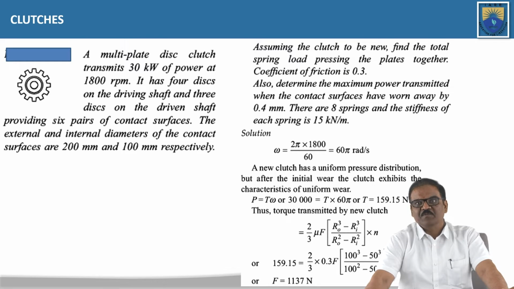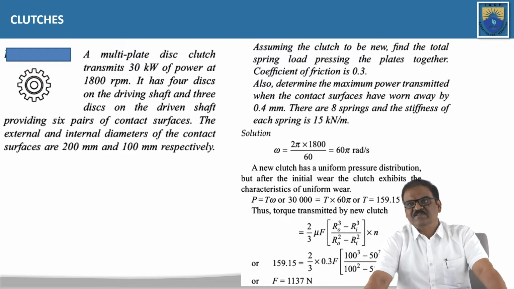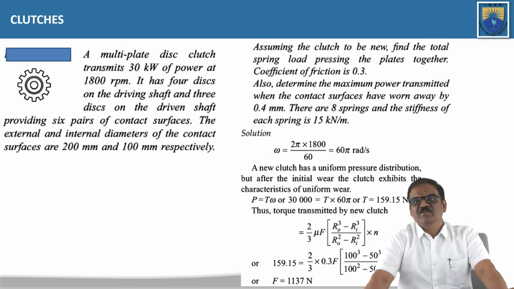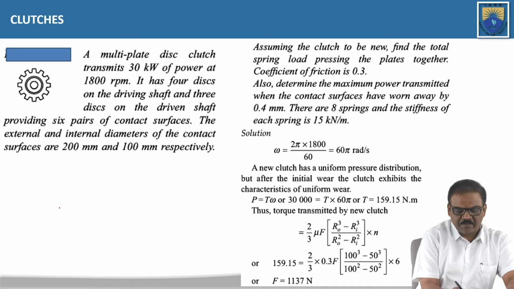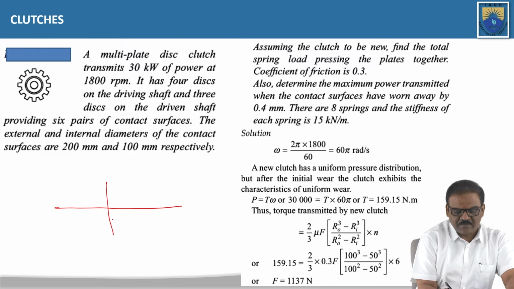Coefficient of friction is 0.3. Also determine the maximum power transmitted when the contact surfaces have worn by 0.4 millimeters. There are 8 springs, and the stiffness of each spring is 15 kilonewtons per meter. Here the diagram is: friction linings and friction plates will be like this.